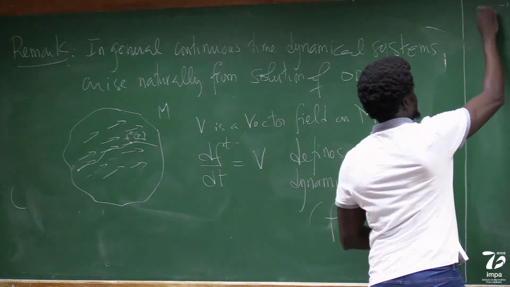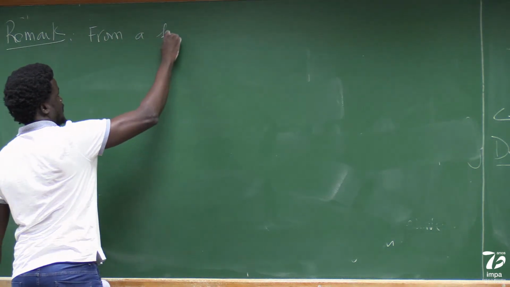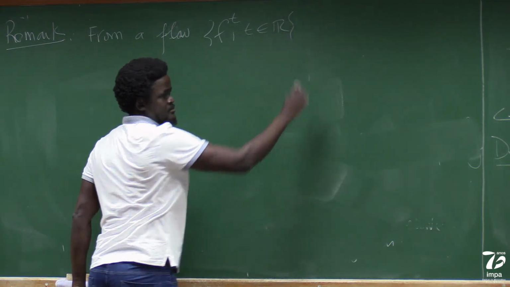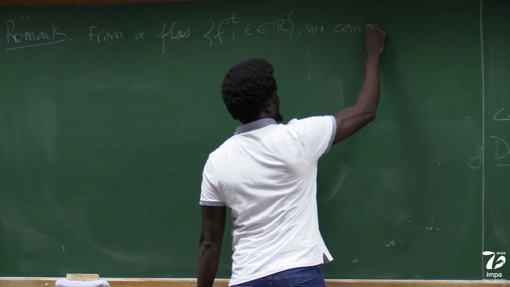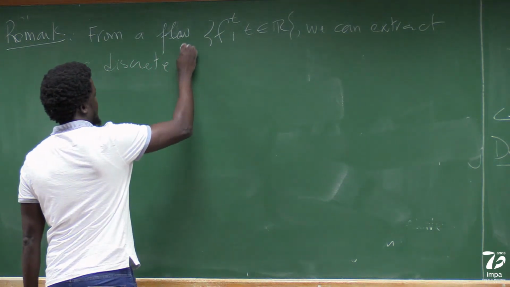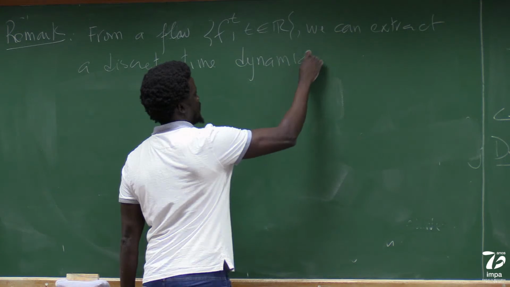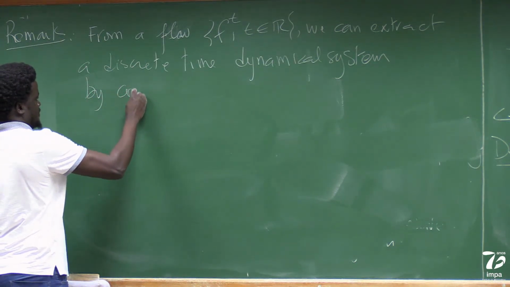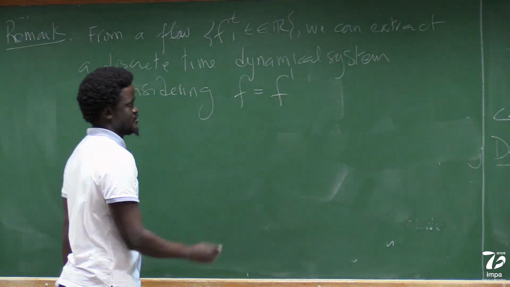Another remark here is that from a continuous time dynamical system, from a flow F_t, usually I will use this vocabulary, continuous dynamical system, which is flow, we can extract a discrete time dynamical system by considering F equals F_1, for t equals 1.